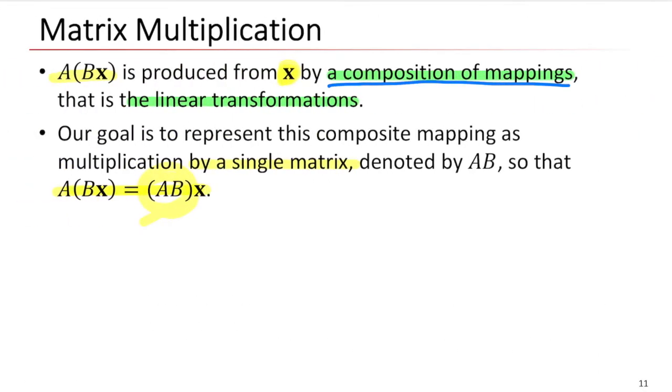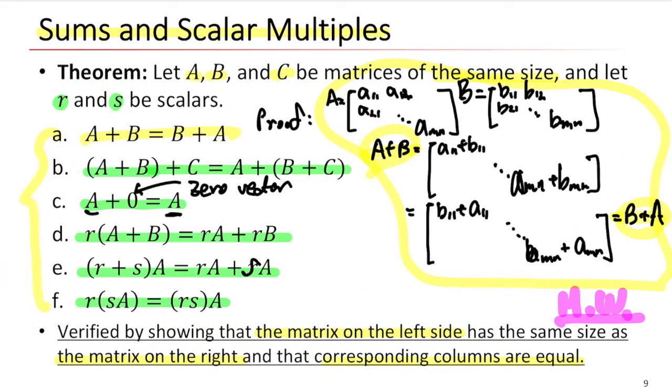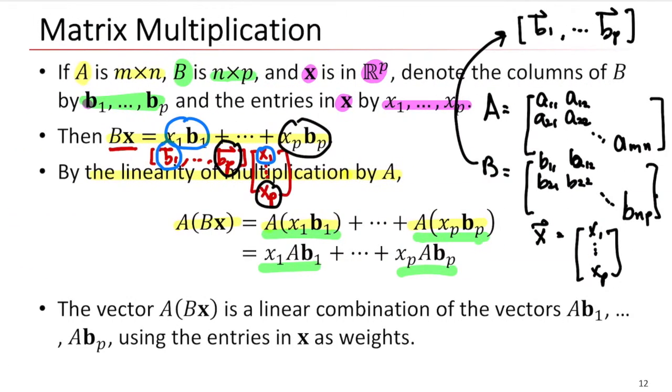Because of the rule here. So please try to derive this whole property by yourself. You have to use this property to follow this one. Anyway, so this A times Bx can be represented something like that.